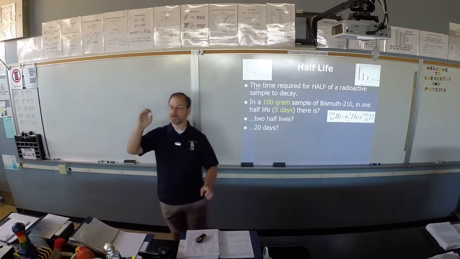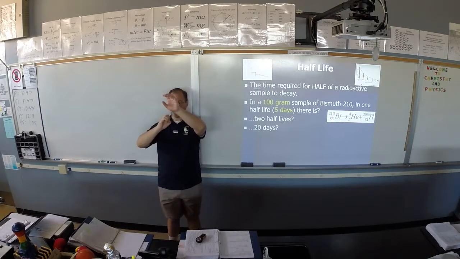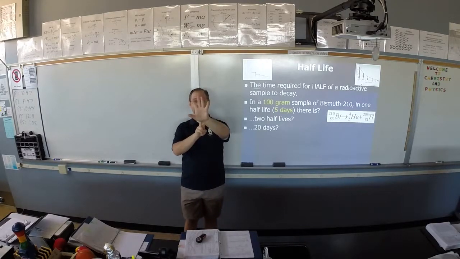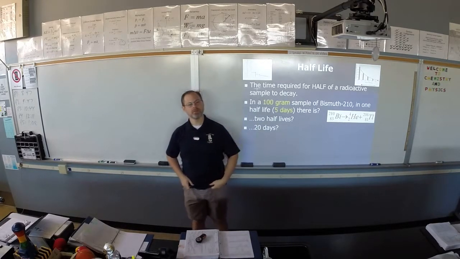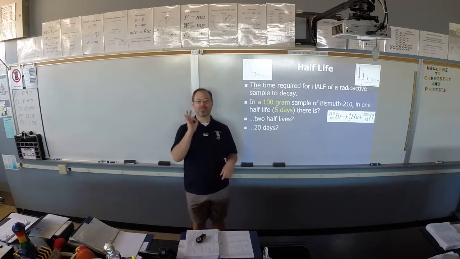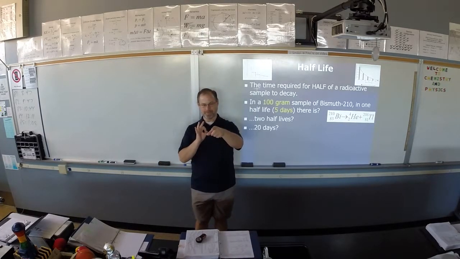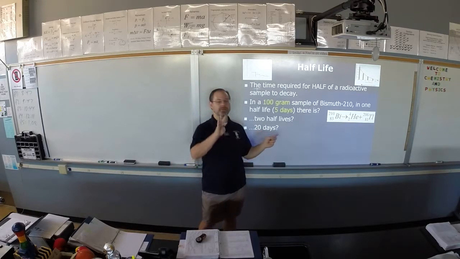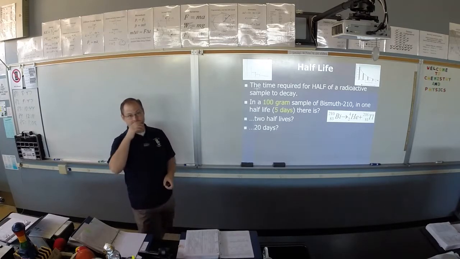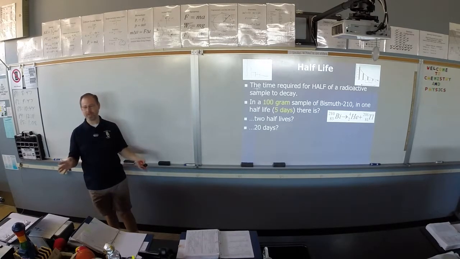So 1 half-life gives you 50 grams, 2 half-lives gives you 25 grams, and 3 half-lives gives you 12.5, and then after 20 days, 4 half-lives, you have about 6.25 grams. Okay, does that make sense? Again, easiest math you'll ever do.